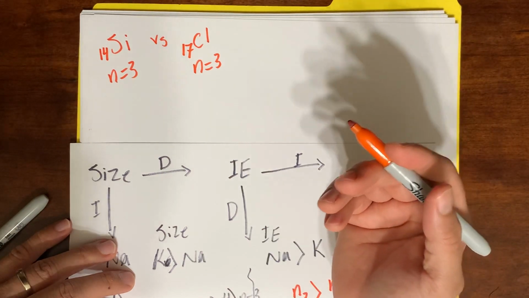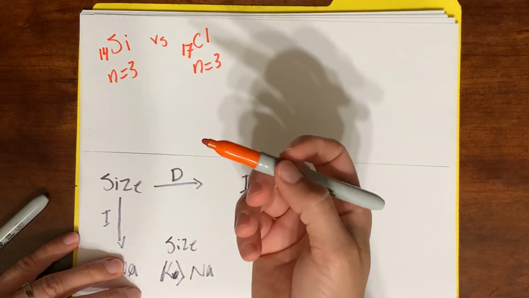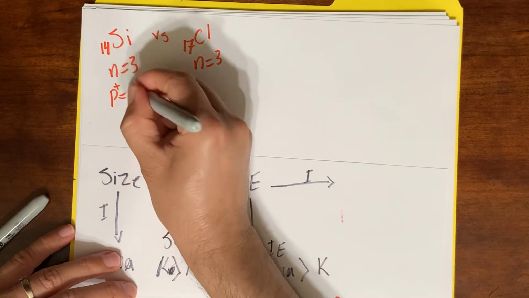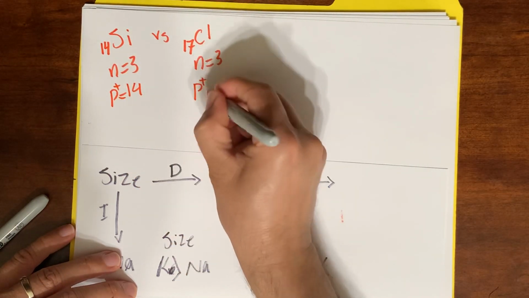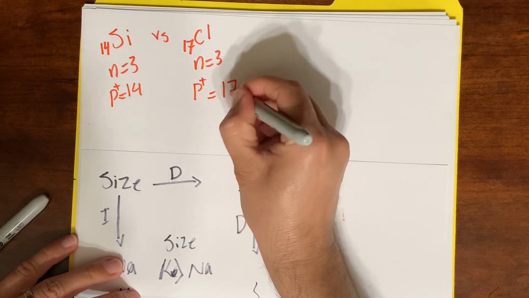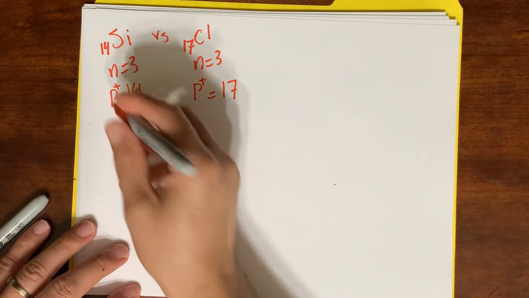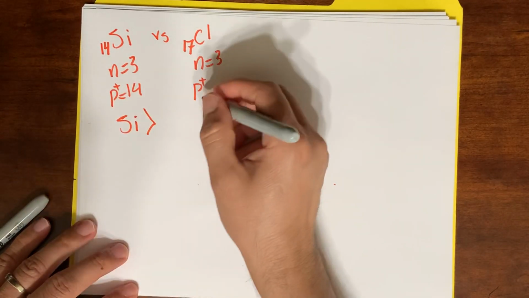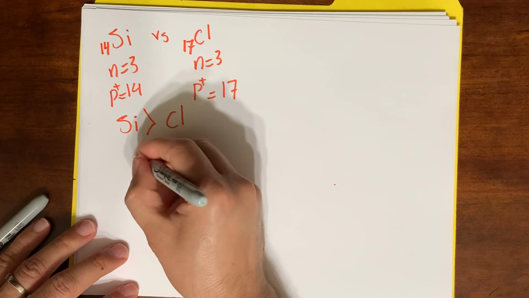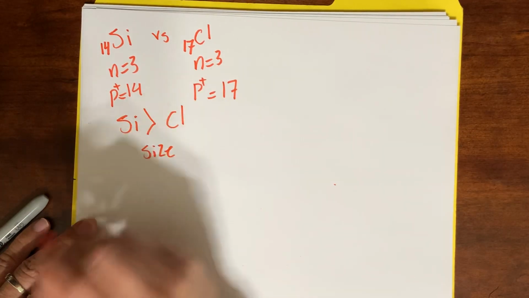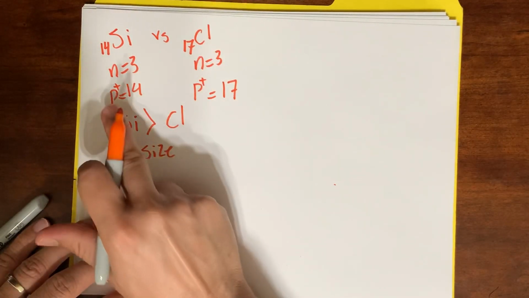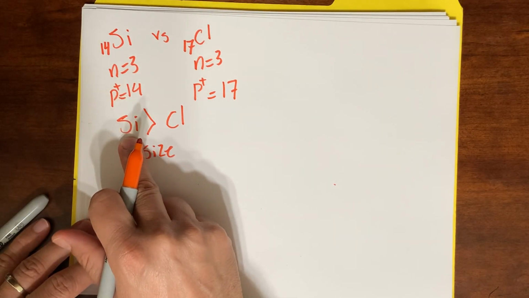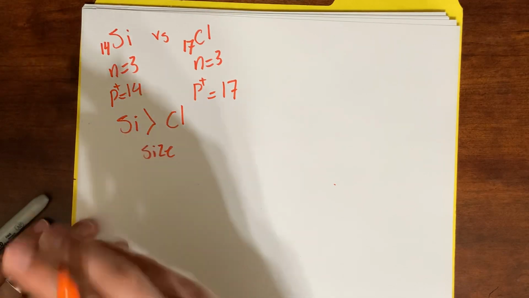I can't judge based on N, so I go with the number of protons. The one that has more protons will be smaller. So we're going to say silicon will be bigger than chlorine. This is the trend for size. It has fewer protons, so it will apply less force on the outer electron. That means it will be bigger.